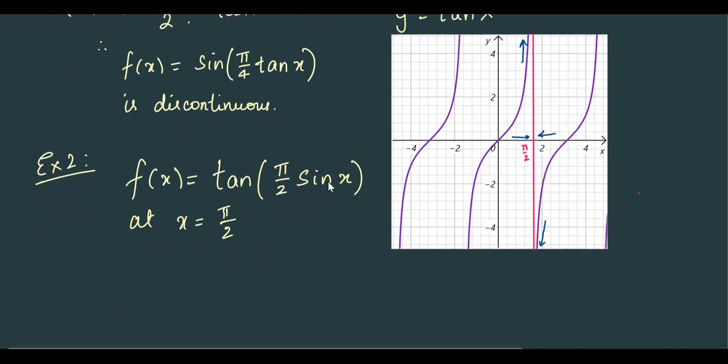At x equal to pi by 2, sine x will be a continuous function. Sine x is a throughout continuous function. So sine x is defined. However, tan of pi by 2 sine x at x equal to pi by 2 will be pi by 2 into 1. So tan will not be continuous.